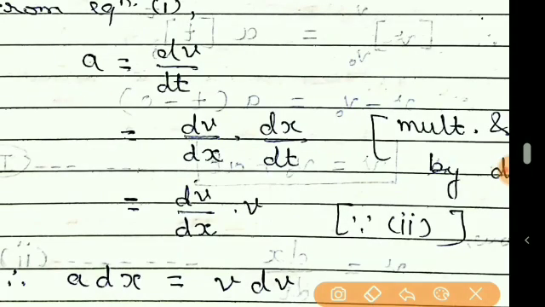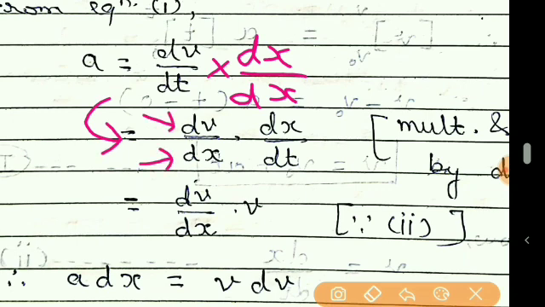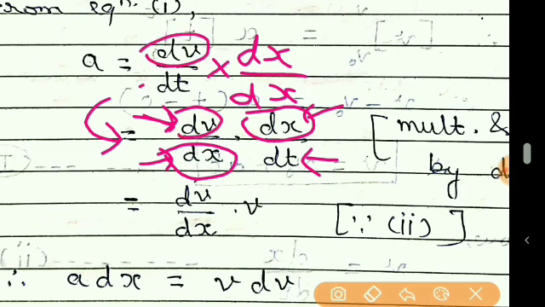So here also what we did, we have multiplied by dx and divided by dx and then written it like this. So you can see here it is dv upon dx into dx upon dt. This dx is multiplied and divided. Rest of the things are as they are. dv is already there in the numerator and dt in the denominator.